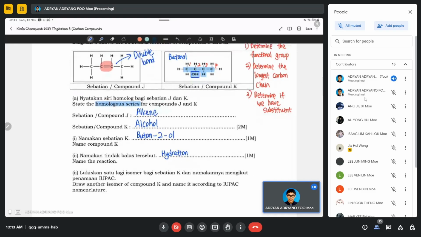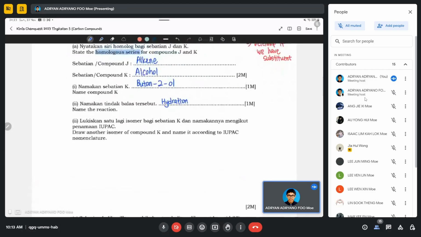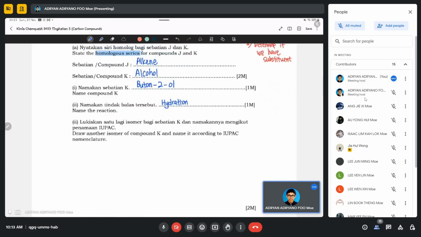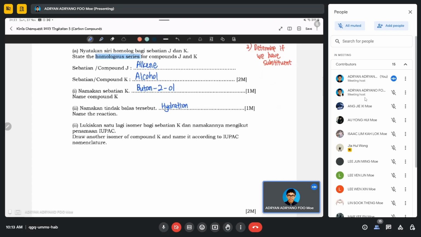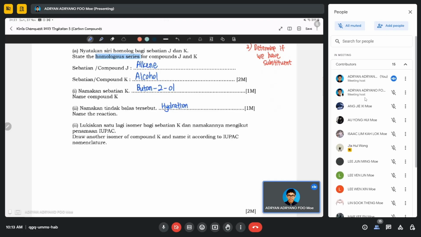Okay, next. What did they ask? Oh, they asked: draw another isomer of compound K and name it according to the IUPAC nomenclature. So another compound or isomer. Isomer 你要记得 what is isomer? Isomer refers to same molecular formula but different structural formula.